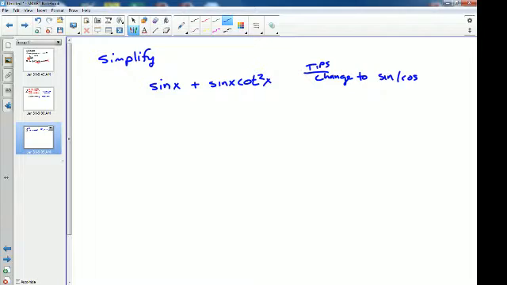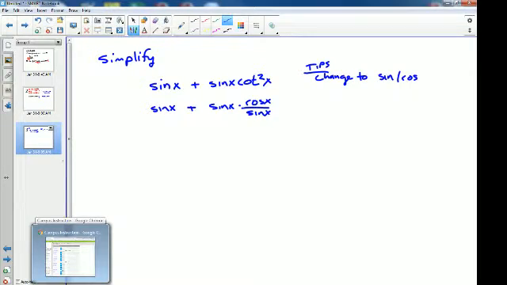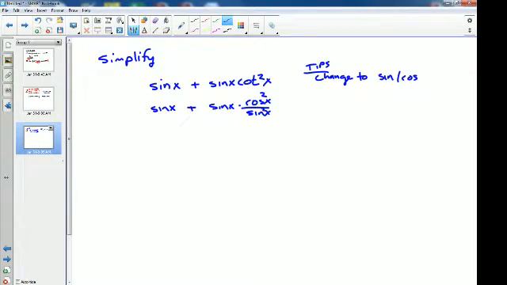All right, what is it? Cotangent squared, so it's cosine squared and sine squared.